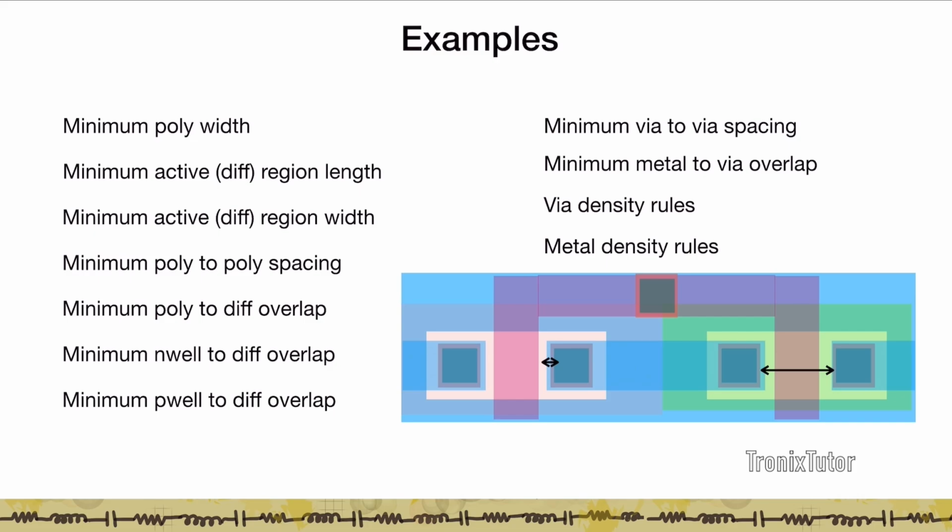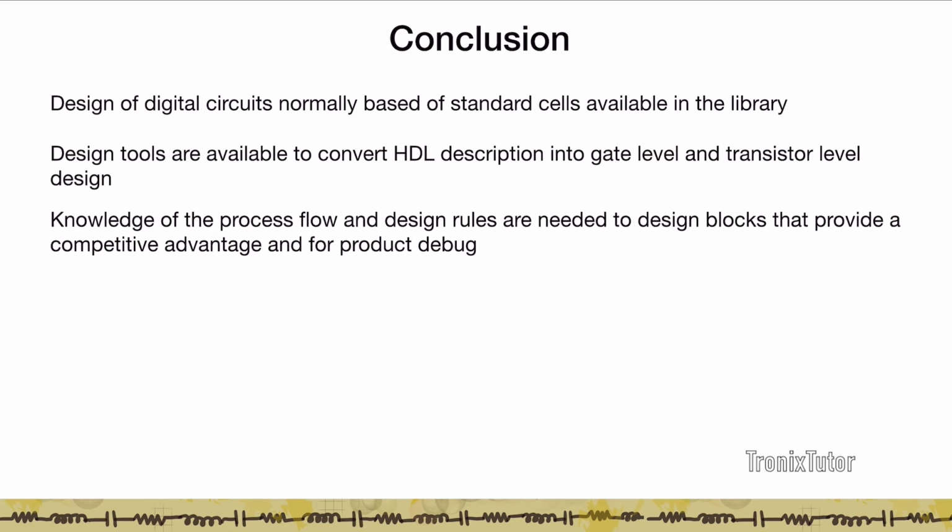So, design of digital circuits is normally based on standard cells. We do have a lot of tools available for design, and basically today if you look at a basic design flow, you can directly convert your HDL into the gate level and transistor level.